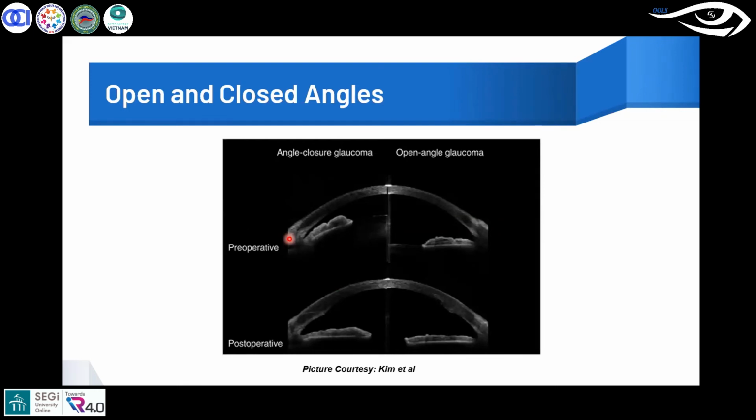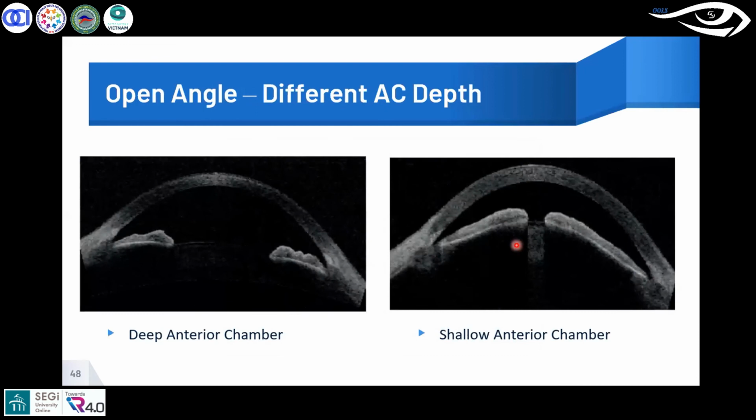Because in case of cataract, after treating the cataract, post-operatively, the patient could turn into an open angle glaucoma. So it's very necessary to look at the cataract status of the patient before concluding whether it is an open angle glaucoma or a closed angle glaucoma. So this is showing the various anterior chamber depths in case of an open angle.